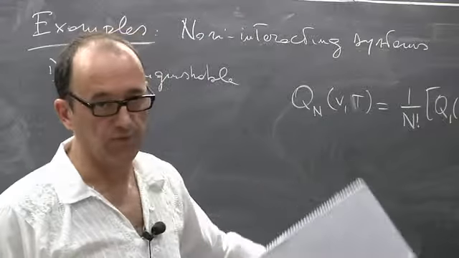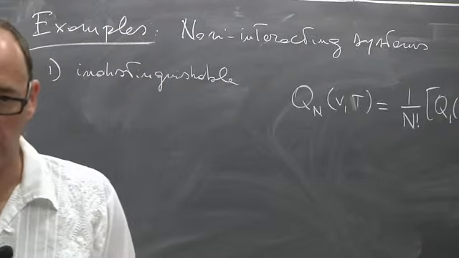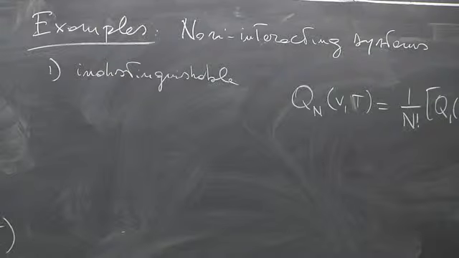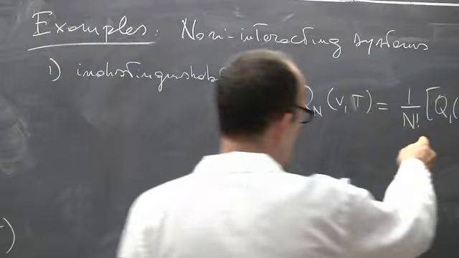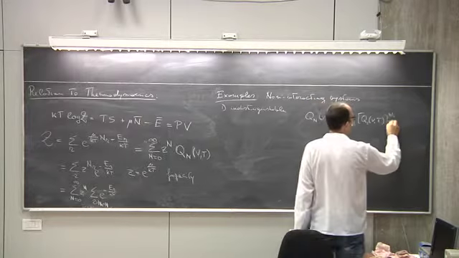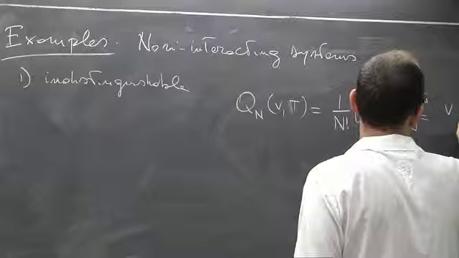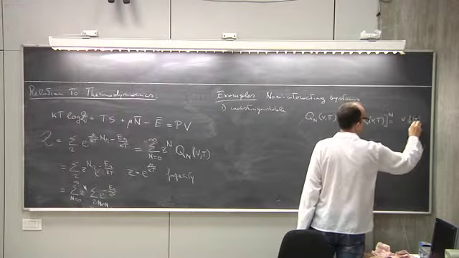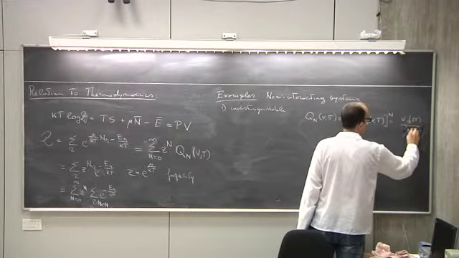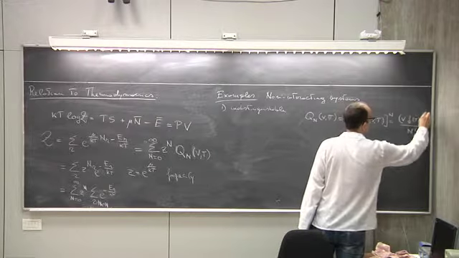And typically the partition function of one particle, if there is no potential acting on the particle, we think of a gas, is just the volume times a function of the temperature. So this is just the volume times a function of the temperature, to the power n, divided by n factorial.